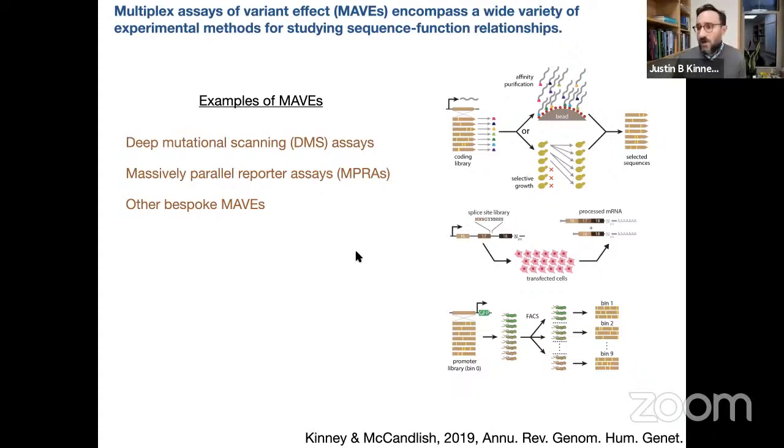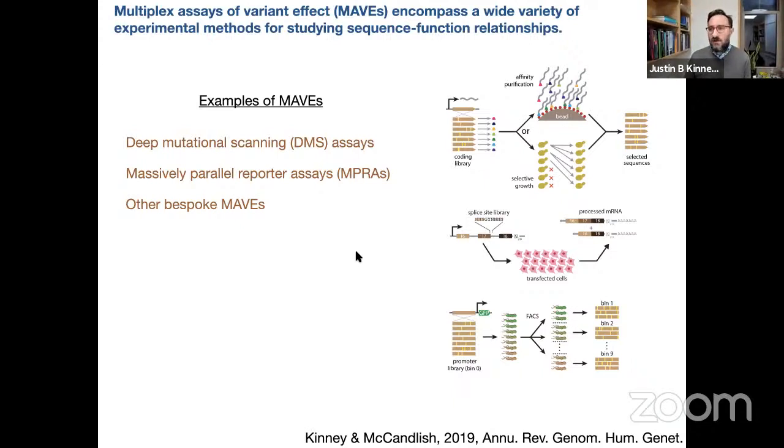They include massively parallel reporter assays for studying transcriptional regulatory sequences, as well as regulatory elements in mRNA that regulate post-transcriptional processing. And then there's also a wide variety of other bespoke MPRAs, such as for studying initiation of DNA replication and bunches of other things, other bespoke MAVEs.